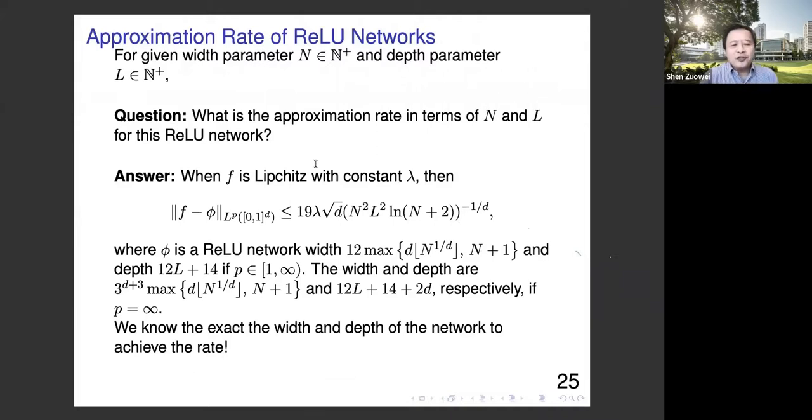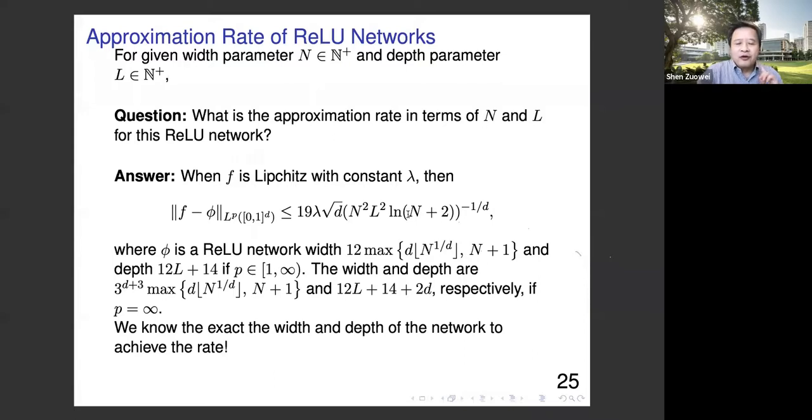If f is Lipschitz with a constant lambda, then you have this, in terms of n and L. We have exactly estimated the network size and the approximation rate.